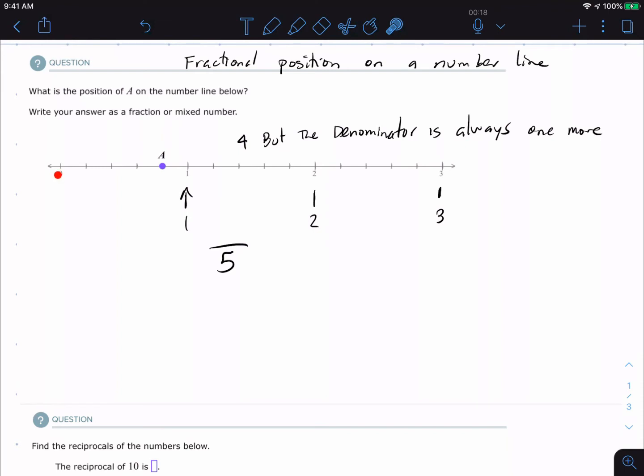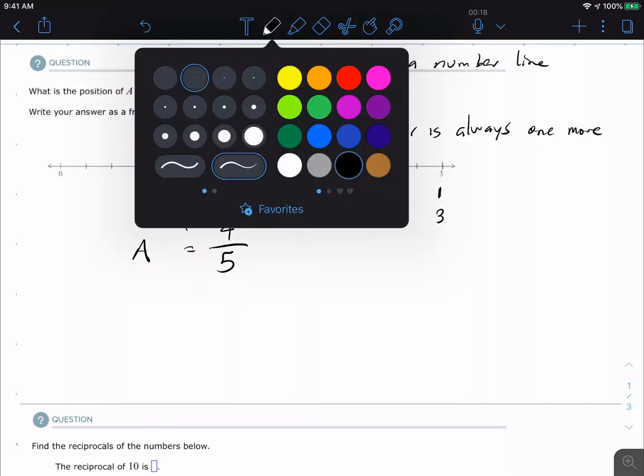So we're starting at 0. How many dashes do we go over to get to A? 1, 2, 3, 4. And so this answer for A is 4/5. Does that make sense to everyone? Yes. Okay, let me create another one.